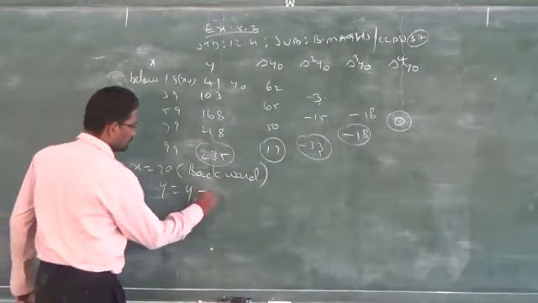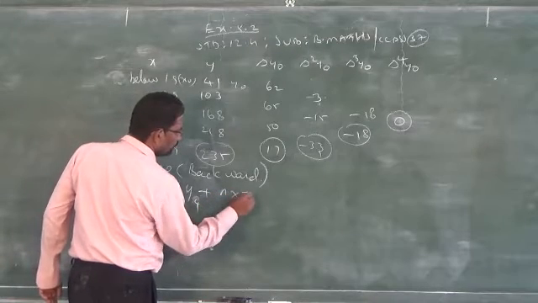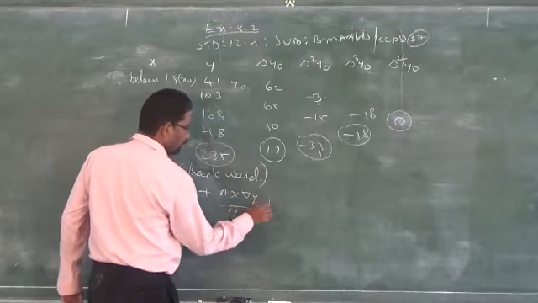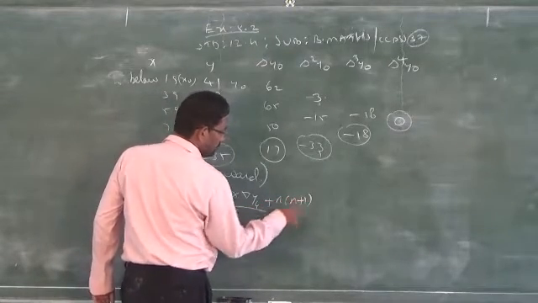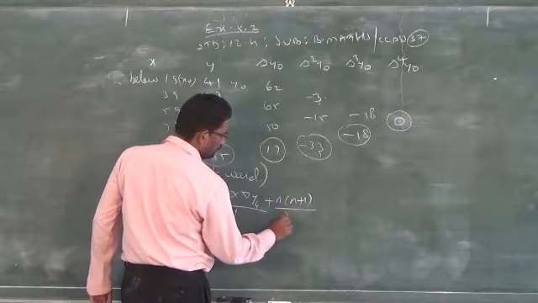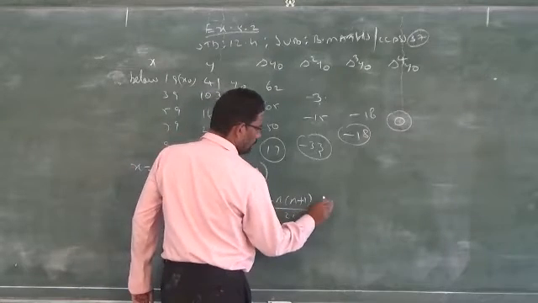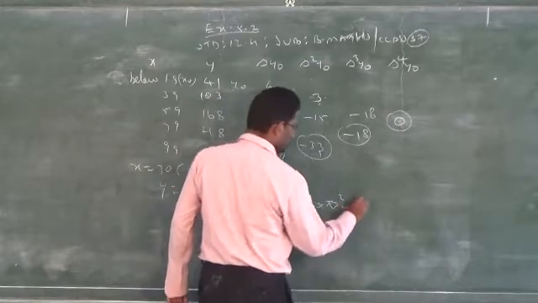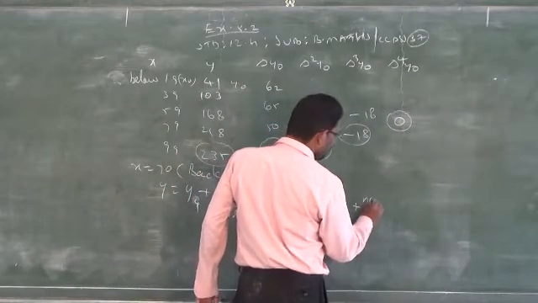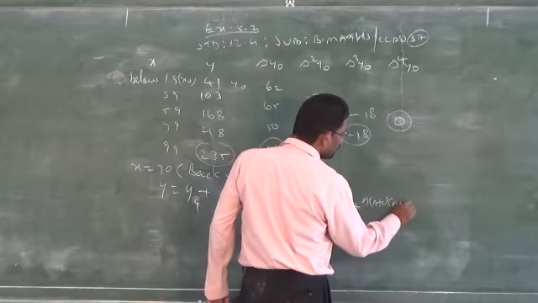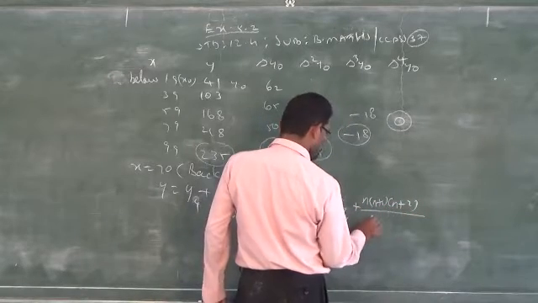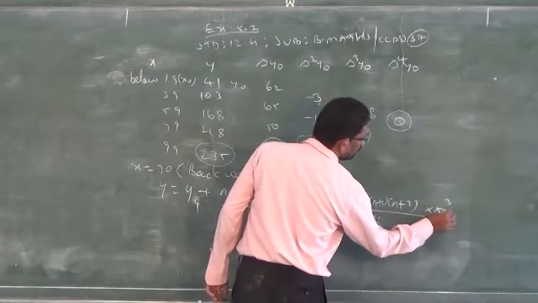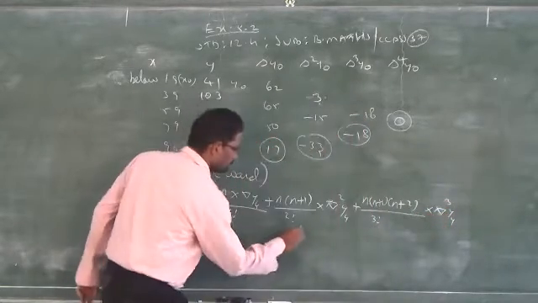So y4 plus n into nabla y4 by 1 factorial, plus n into n plus 1 by 2 factorial into nabla square y4, plus n into n plus 1 into n plus 2 by 3 factorial into nabla cube y4, or yn, that is your wish.